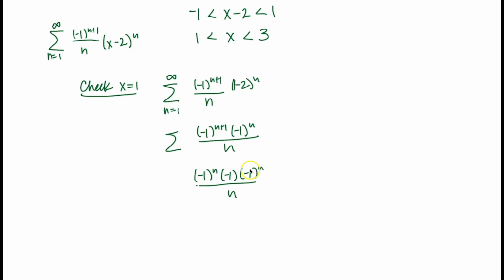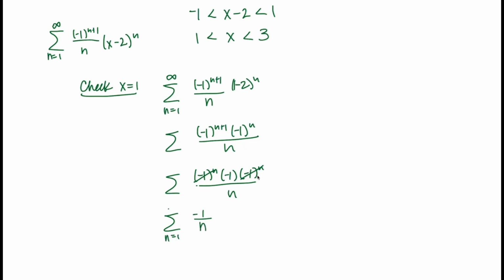Well, (-1) to the n and (-1) to the n, there's always going to be those negatives that are going to cancel. So those two outside pieces just become (+1) to the n, which is +1. So basically these cancel out, and all that's left is a -1 on the top. So I have the sum of -1, not to the n, just -1, over n.